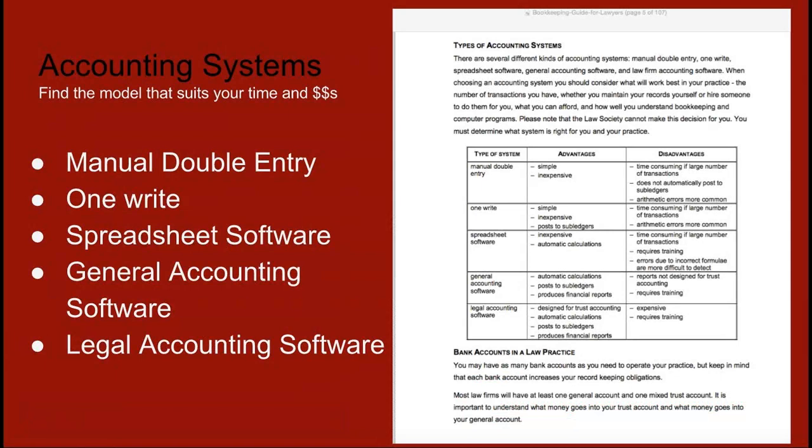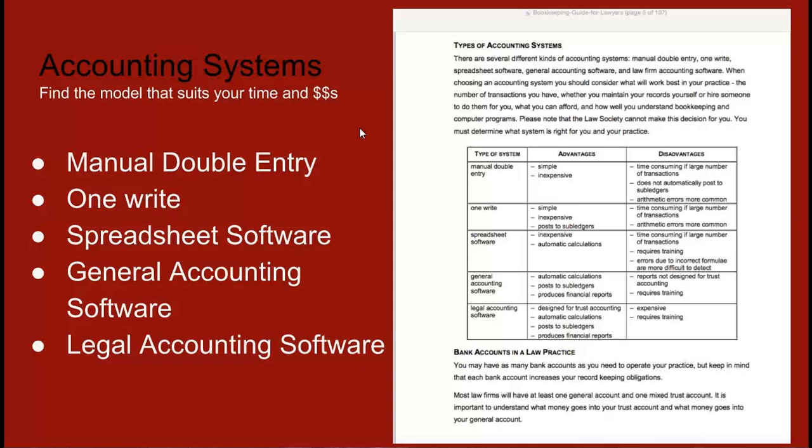So the first point, before I even get into what the ledgers and journals are within the compliance set of documents, I want to set a context to this. I want to give you a context of what the Law Society or the bookkeeping guideline rule outlines as the types of accounting systems that we've seen, from old school to now.